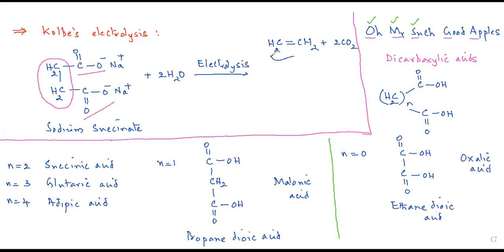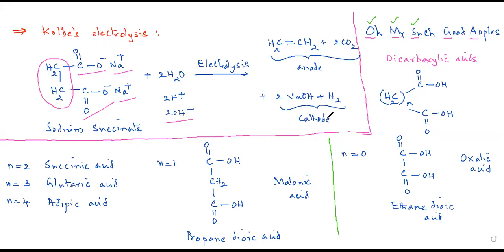These two are formed at the anode. Then you can take this as H+ and OH- for convenience. But here the mechanism is a free radical kind of. 2Na+ and 2OH- give 2NaOH plus H2. These two are formed at the cathode. You can make the mechanism, I think. So this is all about Kolbe's electrolysis.